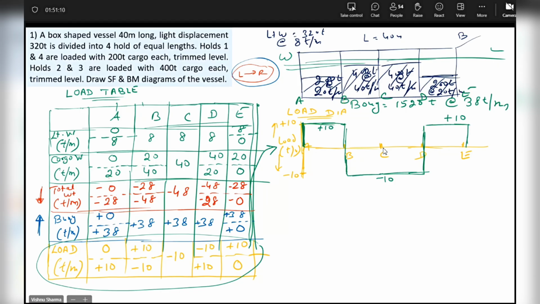Okay, now we will use this load diagram. Now my focus is not on the box shift vessel. The job of the box shift vessel is done. Now my focus shifts to the load diagram. Guys, what was the criteria for choosing the points from the SF diagram for the BM table? Would somebody like to quickly repeat the criteria?